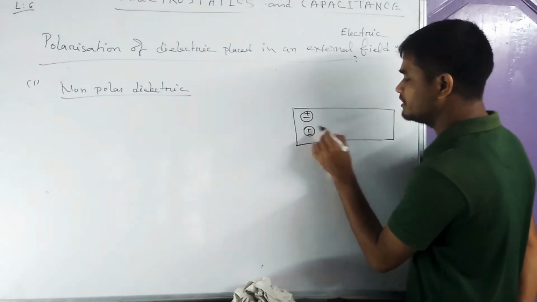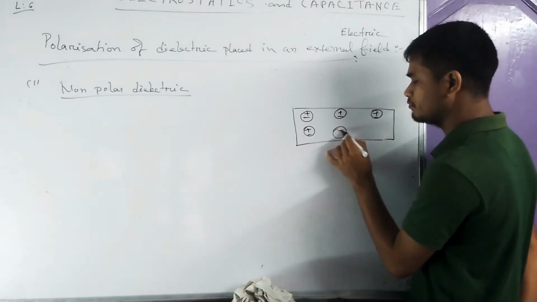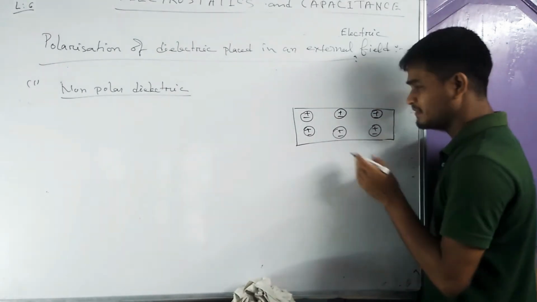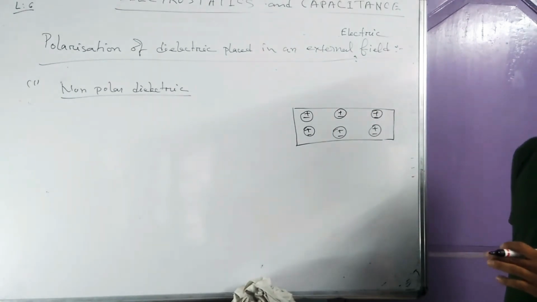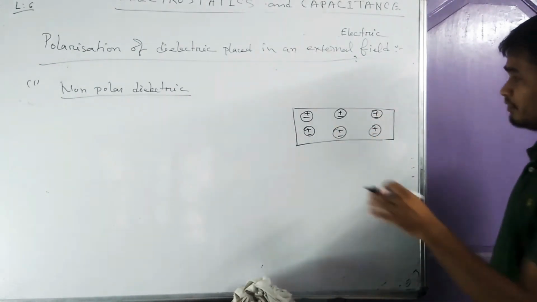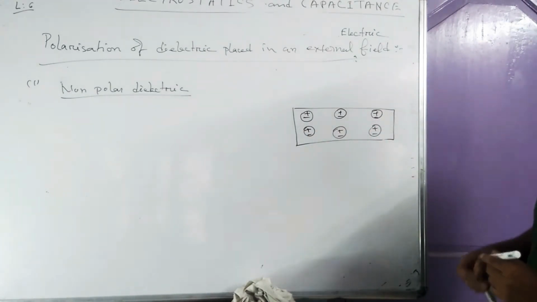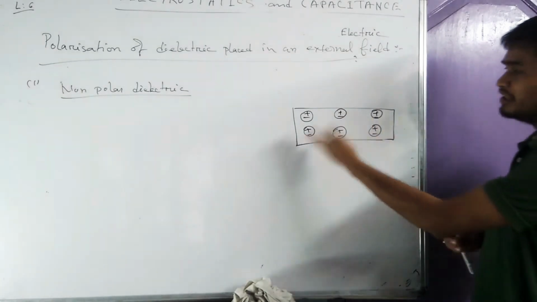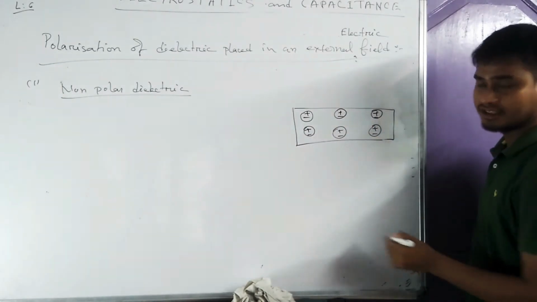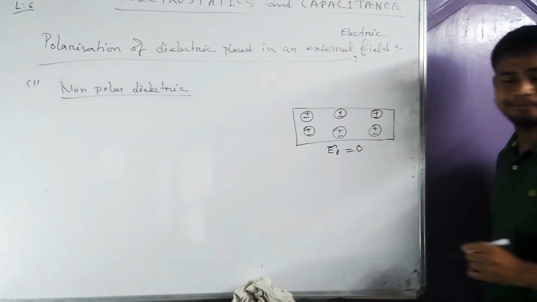Are only these 6 molecules there in the dielectric? No, there are crores of molecules. For assumption, we consider only 6 here. Now, this is the initial state. They coincide with each other. E naught, the external electric field, is 0 here.